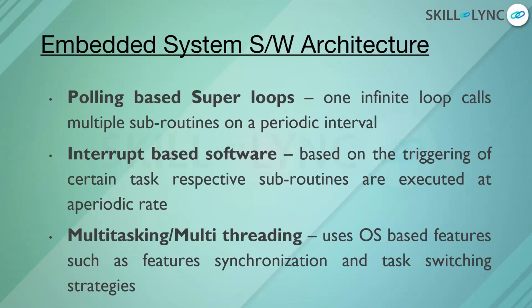Inside that, you'll be calling multiple subroutines at periodic intervals. Say, for example, there would be a while(1) loop or infinite loop. Inside that, you have multiple subroutines or functions that are called every 40th millisecond, every 50th millisecond, at every fixed periodic interval. Then you have interrupt-based software.